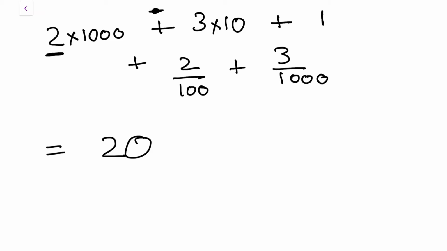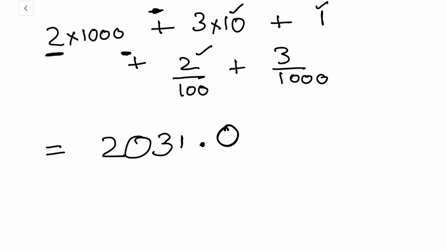After hundreds place, it is 10. So we have 10 and we have 3, 30. And then after tens place is ones place, we have 1. So it's 2031, and after that you put a decimal point, and then what should come? The tenths place should come. That means something divided by 10 should come, but that is missing here. So therefore we put that as 0.